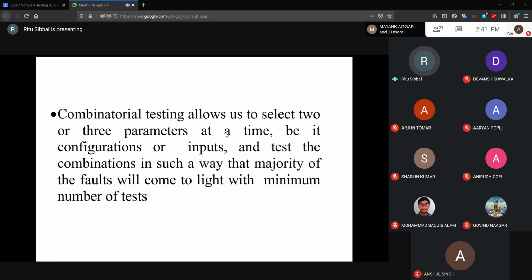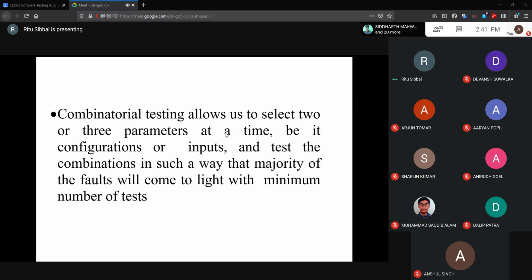This is important. Combinatorial testing drastically reduces the test cases. The techniques of combinatorial testing will drastically reduce the number of test cases by selecting only 2 or 3 parameters, not hundreds and thousands. These 2 or 3 parameters could be configurations or inputs.